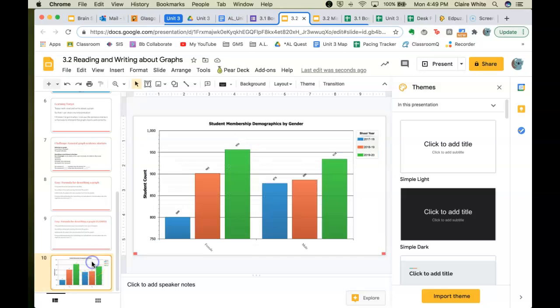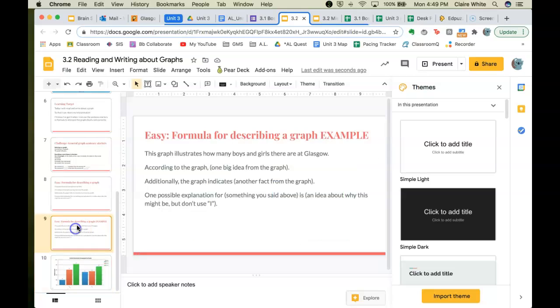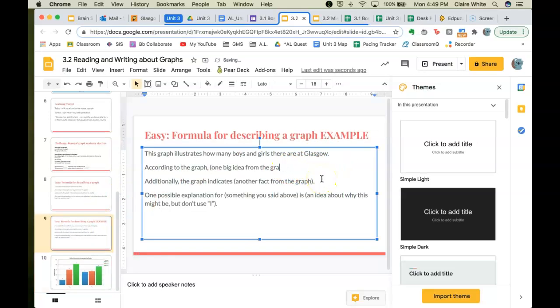So, according to the graph, I would say there were more boys in 2017 to 18, but in the 2 years after that, there were more girls. So I can write that. According to the graph, there were more boys than girls.